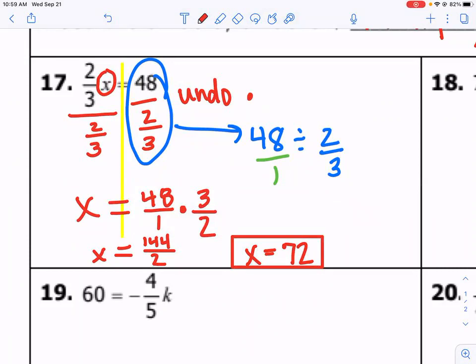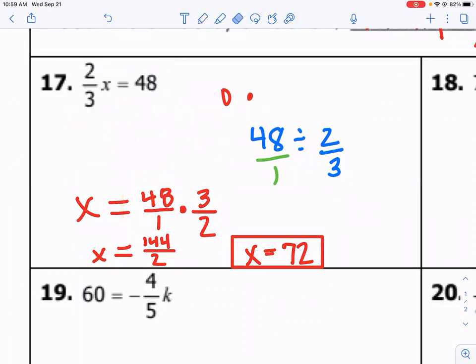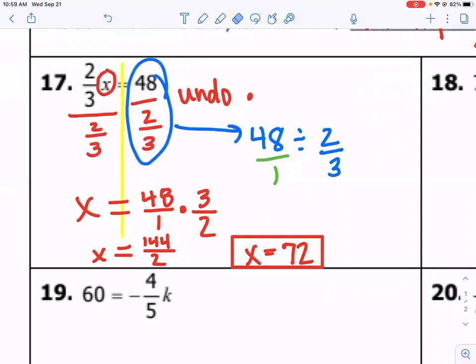Okay, a lot just happened. Let's talk about what we did. Two-thirds was tied to X by multiplication. So to undo multiplication, we divided both sides by 2/3.